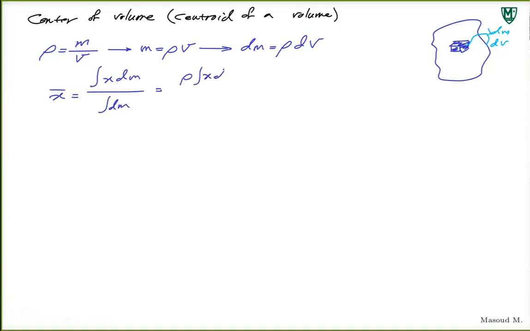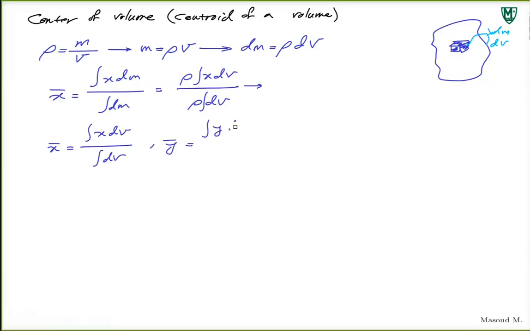Rho times the integral of x dv over rho times the integral of dv. You cancel those out, and you get x bar, the x component of the center of volume or centroid of a volume: the integral of x dv over the integral of dv.